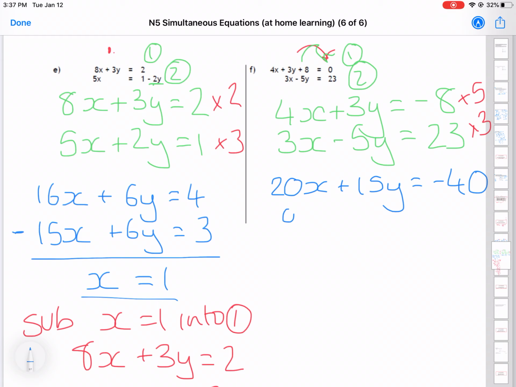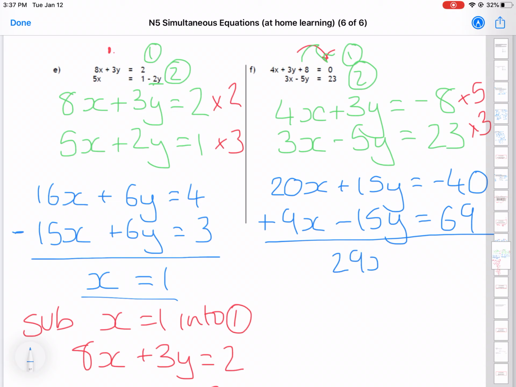We've then got 9x minus 15y equals 69. I need to add them this time. Why? Because the plus and the minus, they are different signs, and I'm trying to eliminate the y. 20 plus 9 is 29x, which equals, so we've got 29 here as well. If we do negative 40 plus 69, so x is 1.